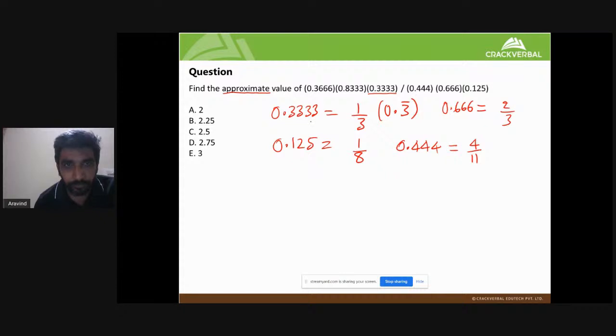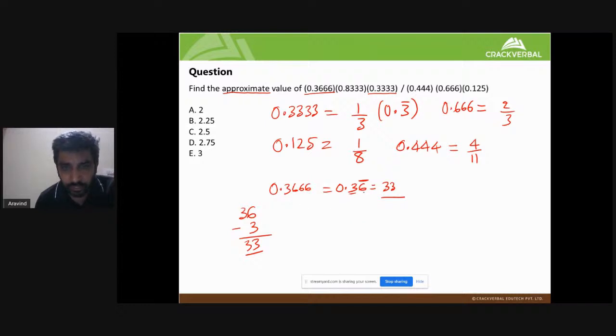Now, the only numbers that are a little harder here are 0.3666, because this is a mixed recurring decimal. So 0.3666, you could write it as 0.36 bar. How do you convert this to a fraction? There's a very simple technique for that. You take 36, which is the significant digits of the number, and subtract the part that is not recurring. So the 3 is not recurring, so that would be 33. So 33 would be our numerator.